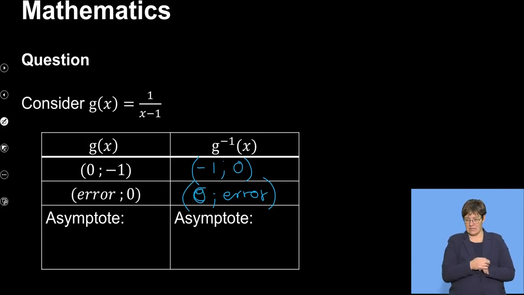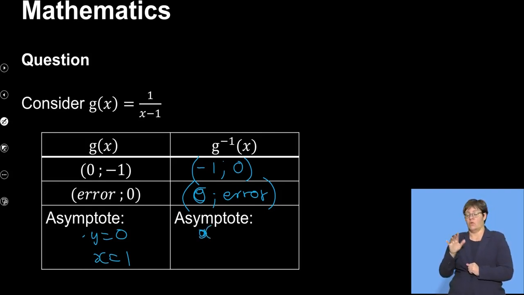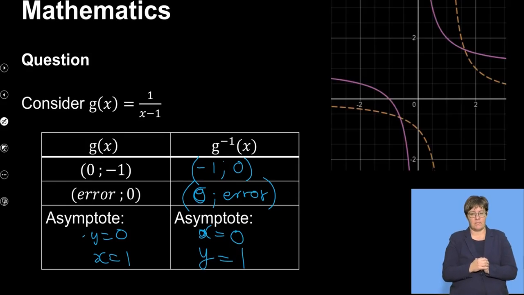And then our asymptote here was y equals 0 and x equals 1. And then our asymptote here will be x first equals 0 and then y equals 1, right? And then quickly on the Cartesian plane, it will look like this, right?